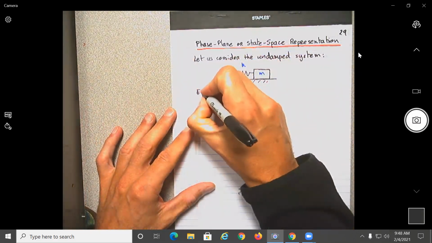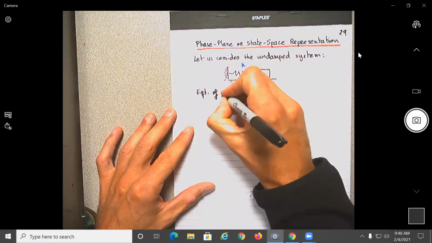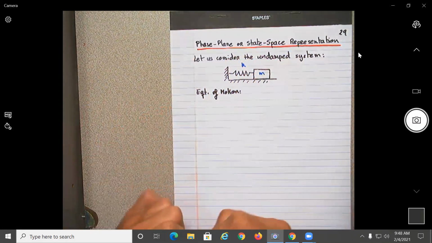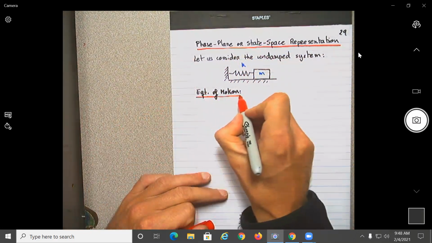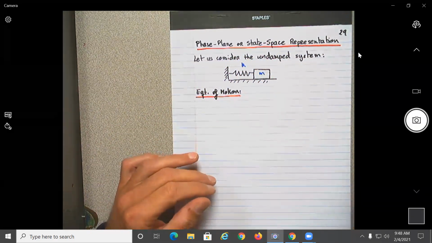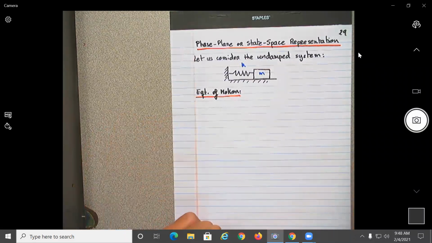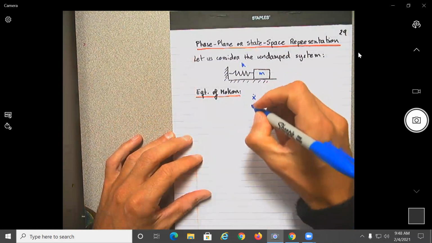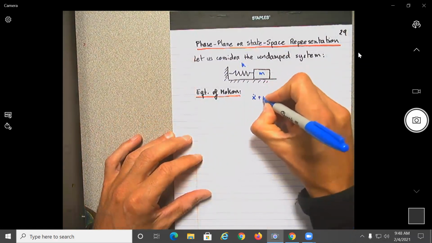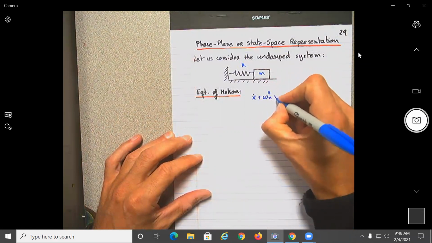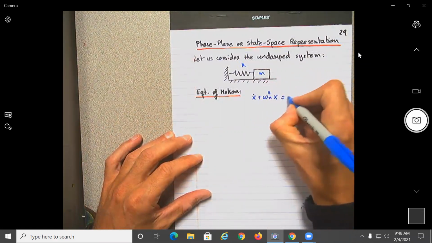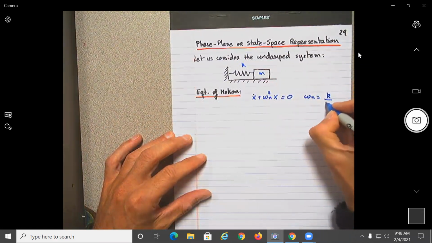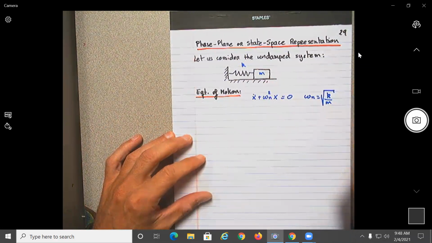The equation of motion for that system, or any single degree of freedom system, you can always write in the form x double dot plus omega n square x equal to 0, where omega n is the natural frequency, equal to the square root of k over m.